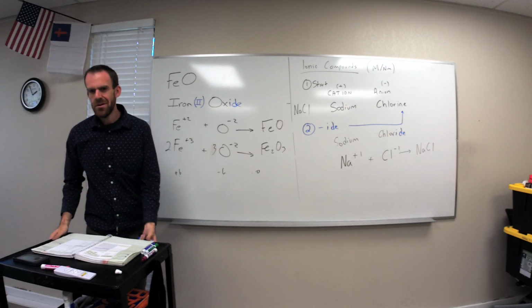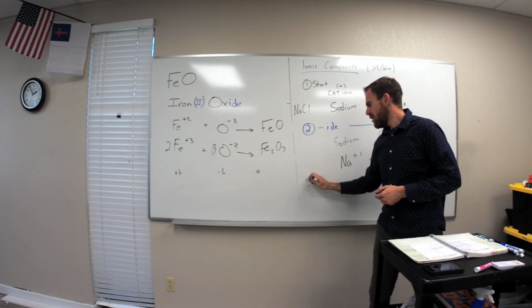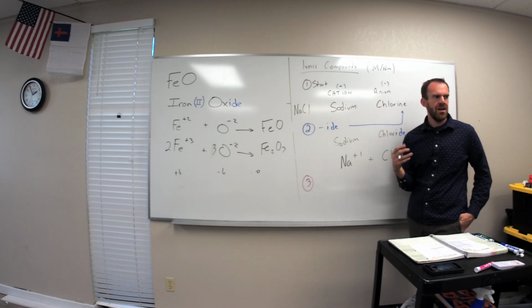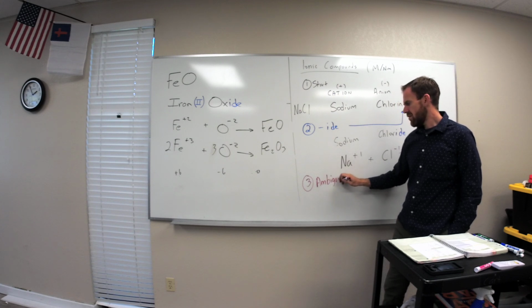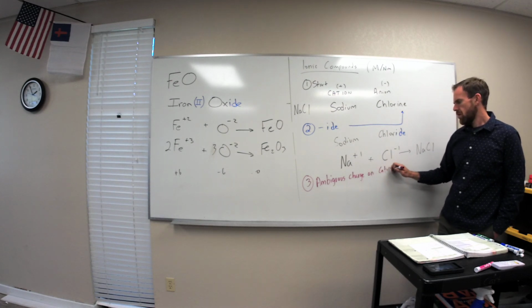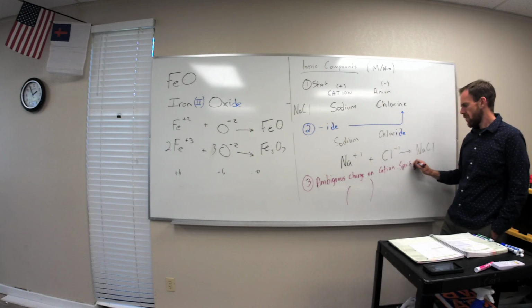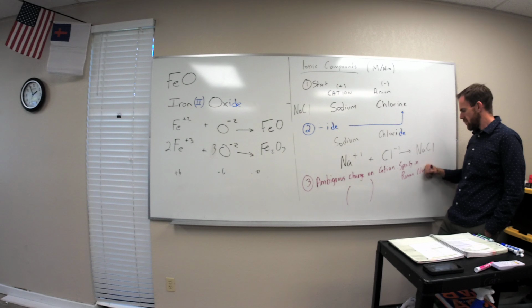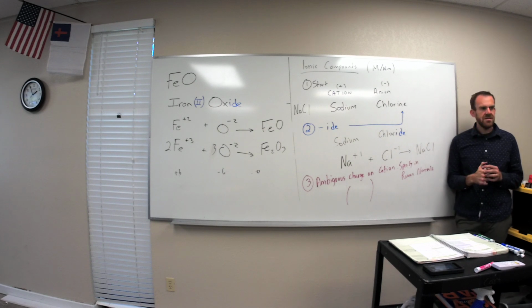So the last step is that if the charge on the cation is ambiguous, which means you don't know what it is, you specify the charge in Roman numerals.